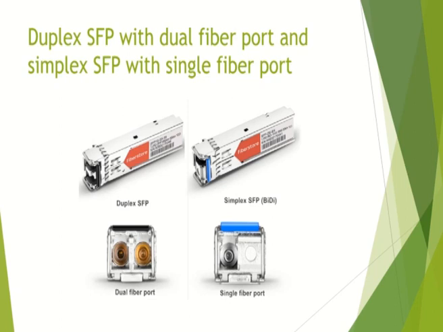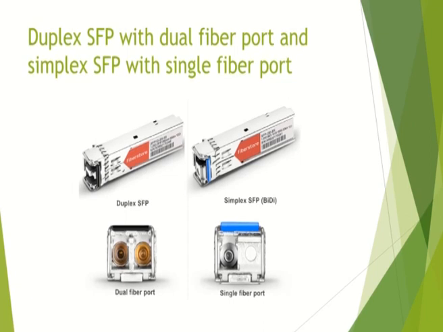Apart from the above mentioned SFP transceivers, which use two fibers for duplex transmission, there are also SFP transceivers which only use one fiber for transmission. It is a simplex SFP module, or more commonly known as bidirectional SFP, which is equipped with WDM couplers and duplexers.